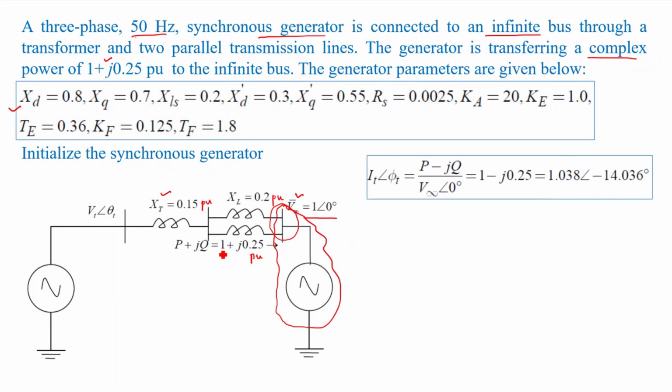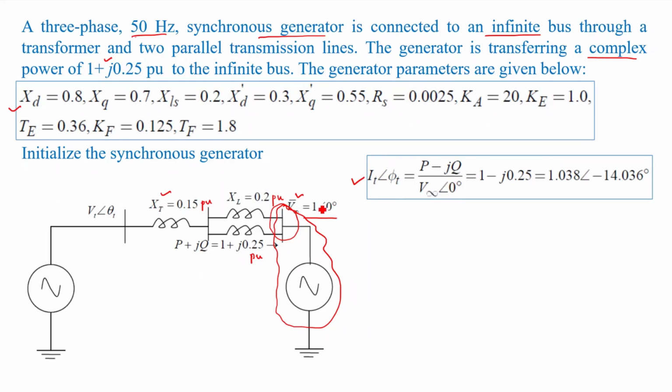And from this, we need to find the terminal conditions, and from there we can initialize different parameters. So in order to find the terminal conditions, I need to find the current, right? So the terminal current will be nothing but (P minus jQ) over V infinity conjugate.